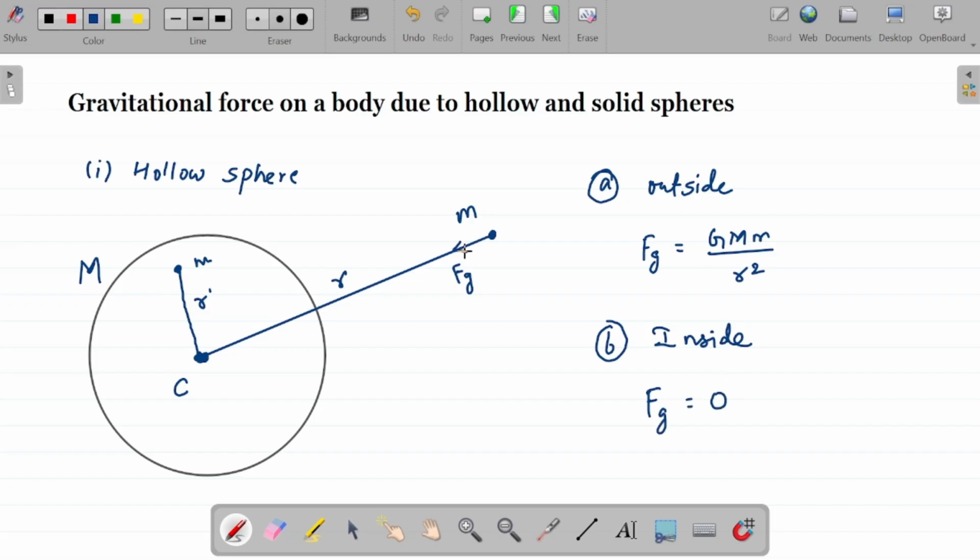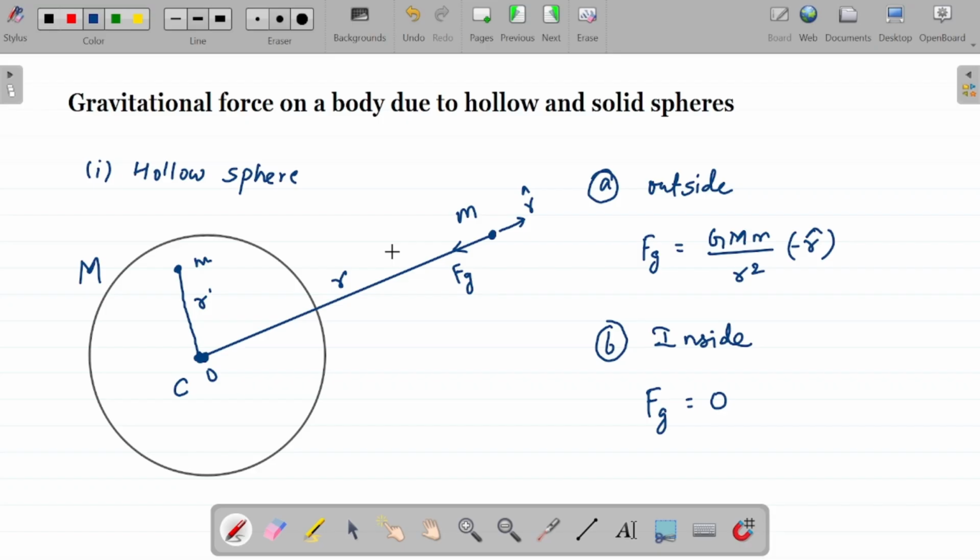And the direction, you can see here, is radially inward towards the center. So we can write here along minus r cap. If we take this as the origin and this as the direction of r cap, then this force will be along minus r cap. Okay, so this is outside, this is inside.